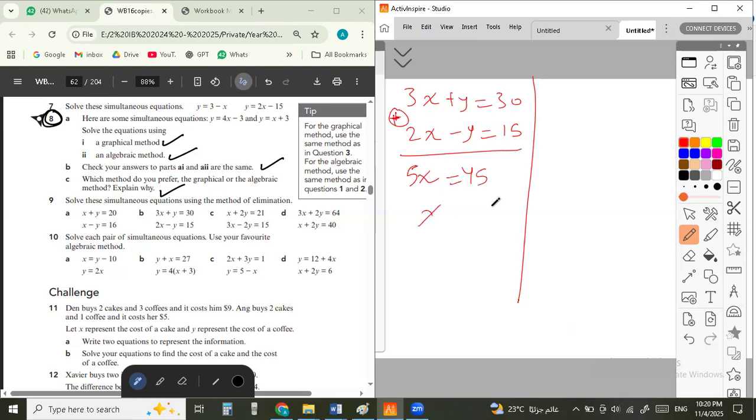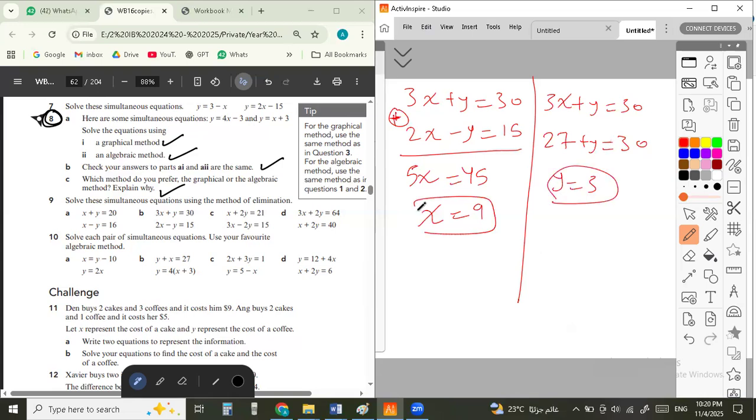So x is 9. Substitute in the first equation. So 3 times 9 is 27 plus y equals 30. So y equals 30 minus 27, which is just 3. Thank you so much, mister. You can go and check in the second equation and you'll find that it is correct.